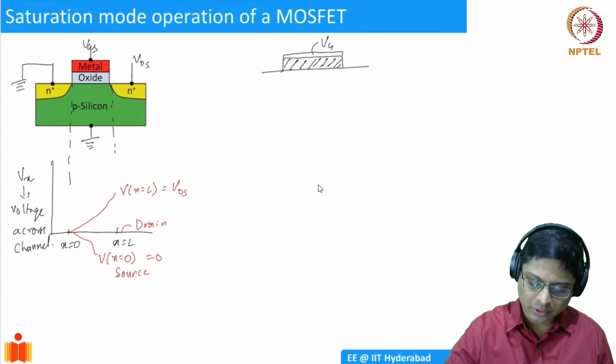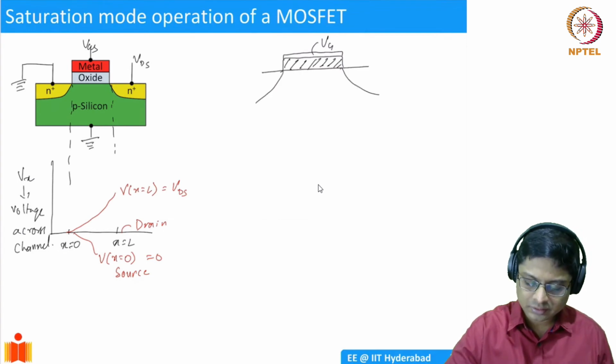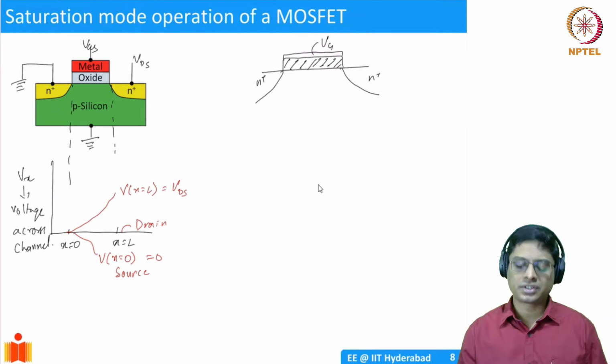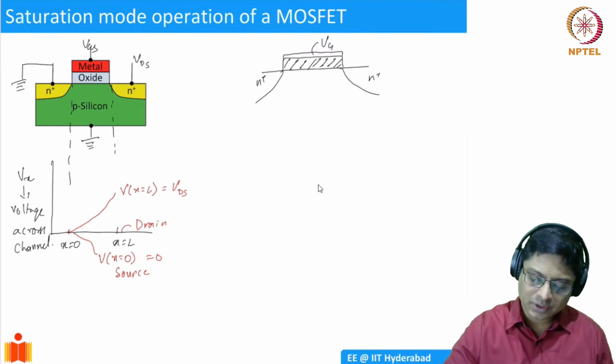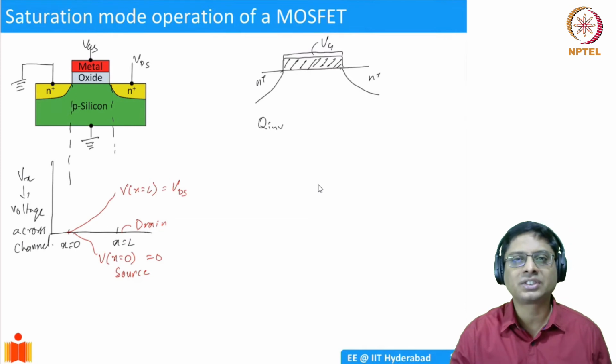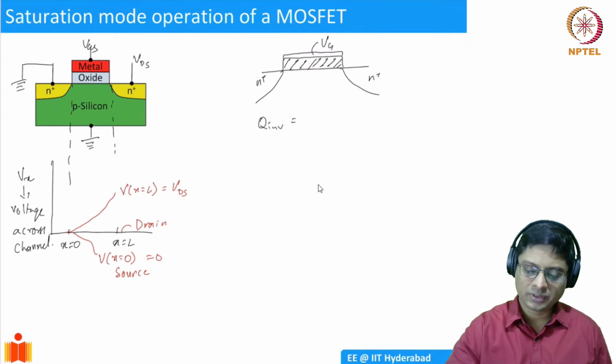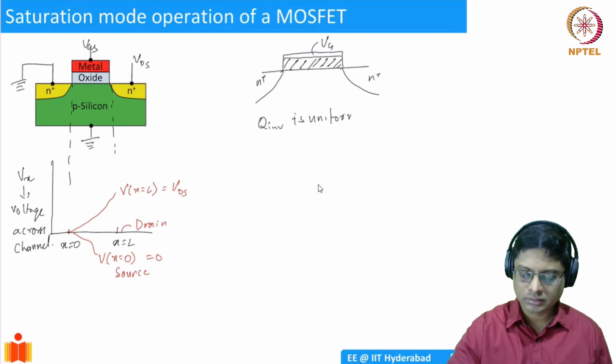You have this sort of structure, N plus, right? We assumed right now that Q inversion is uniform across the channel when VDS is small.